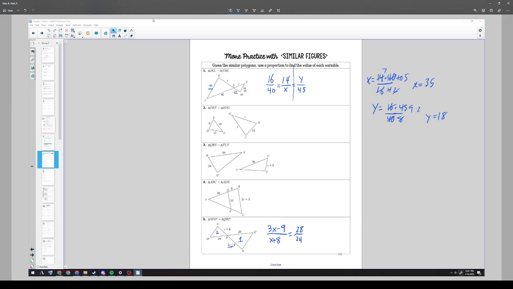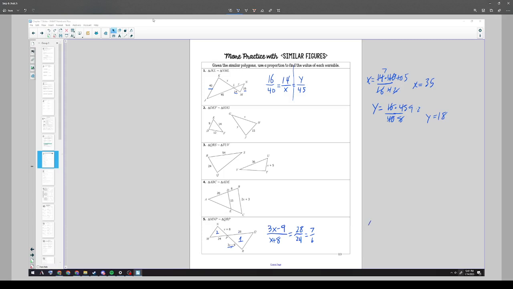Now I have options for how to proceed from here. The first thing I notice is that these can simplify by dividing by 4. So I'm going to do that and say that equals 7 over 6. Then I'm going to basically cross multiply. I'm going to multiply this by 6 and 7 by this to get everything where it belongs.